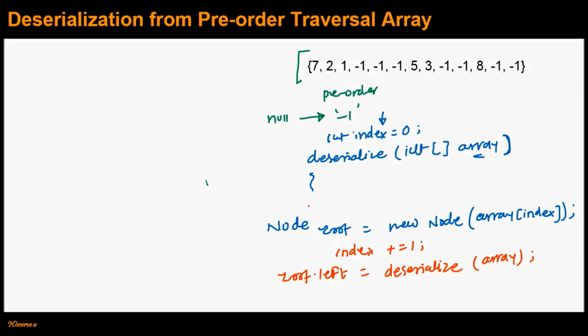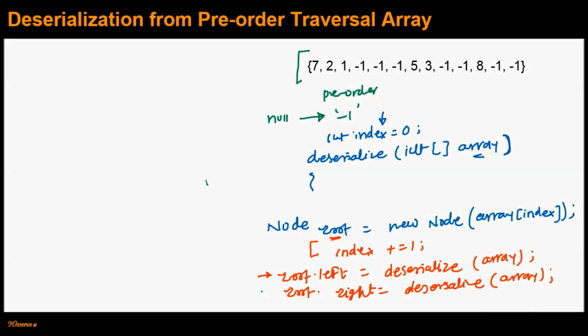Note that whenever we are constructing the root node, we are incrementing the index by 1. Now at this step, root.left points to the left subtree for the current root node, and then we construct the right subtree for the root node. The right subtree is made by making a recursive call, so the input would be array.